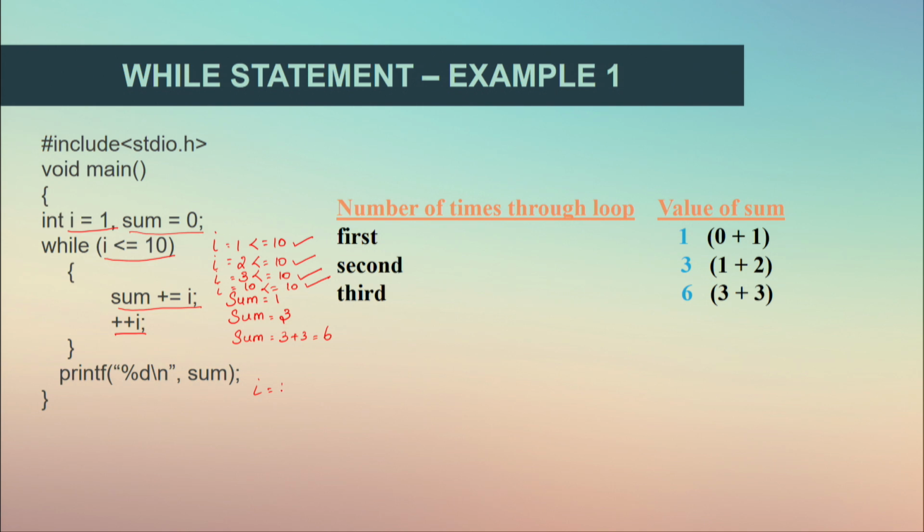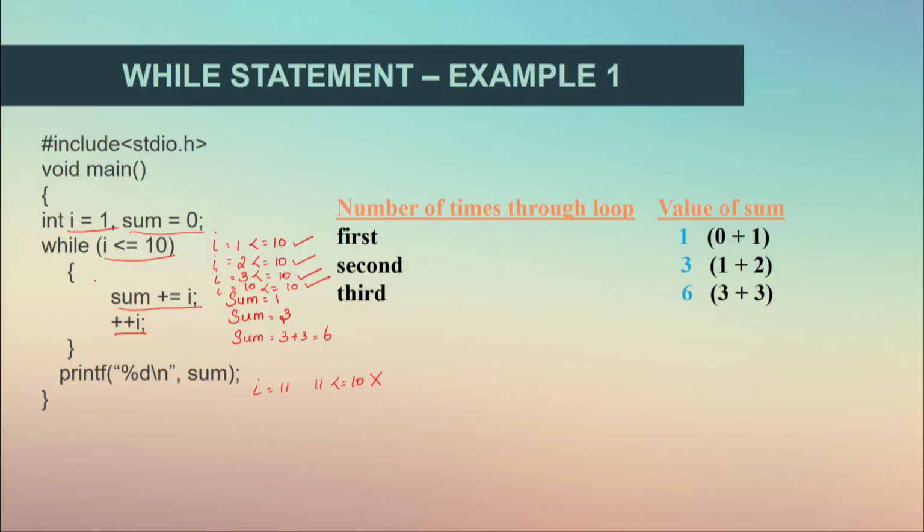If the I value becomes 11, we are checking the condition 11 less than or equal to 10, which is now false. If it is false, the set of statements inside the block will not be executed. It comes to the next statement after the block of the loop.